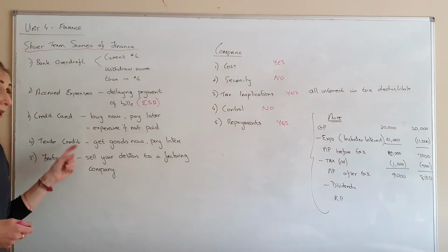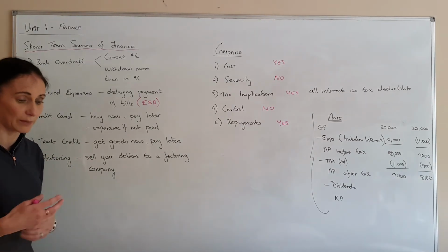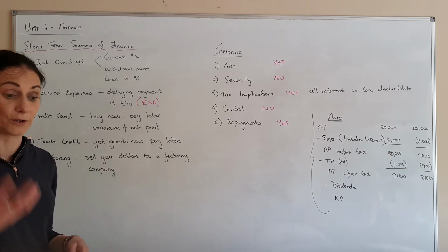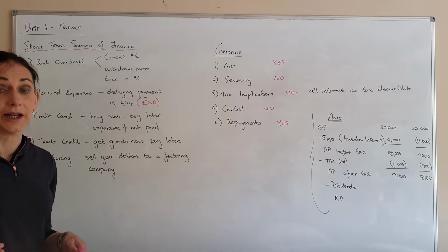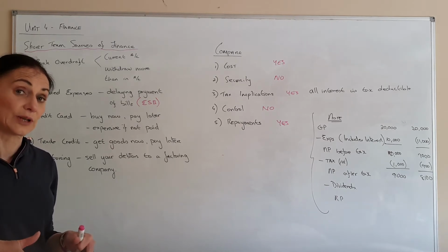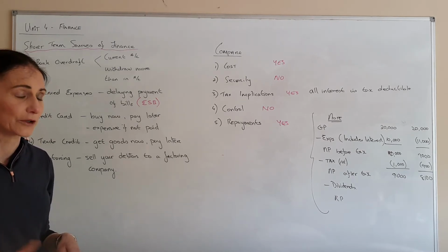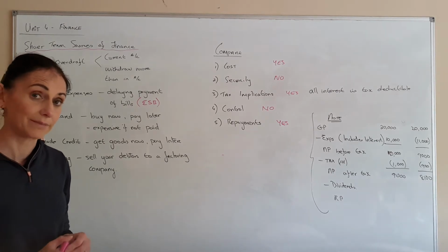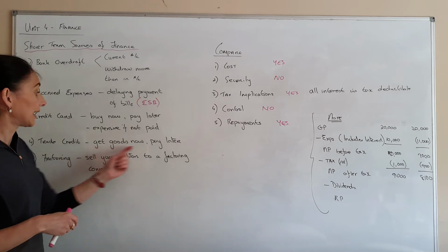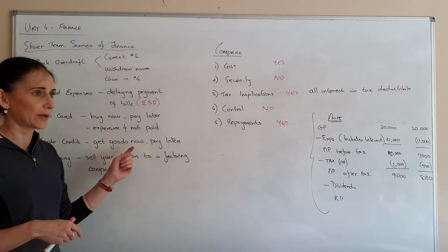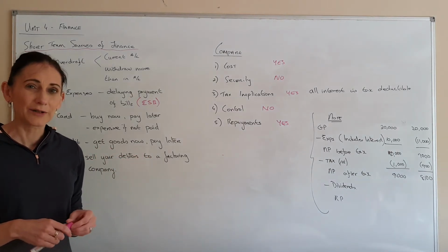Trade credit, again, someone's giving you goods, a supplier that you buy off all the time. If you constantly don't pay them in time, they may stop giving you trade credit, and you'll always have to pay cash for your purchases, which will put your working capital under pressure.